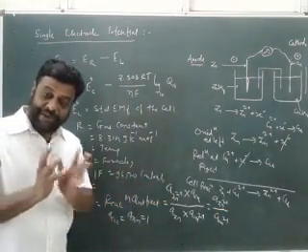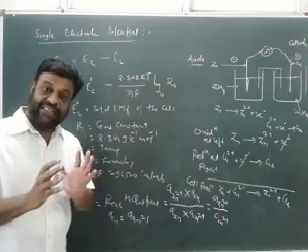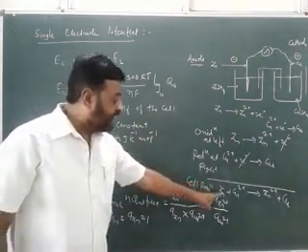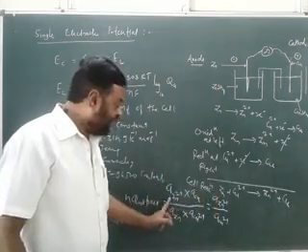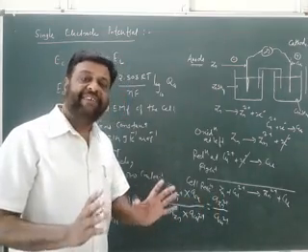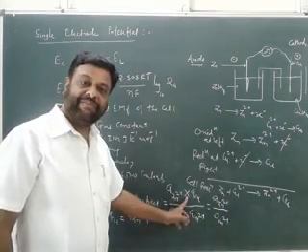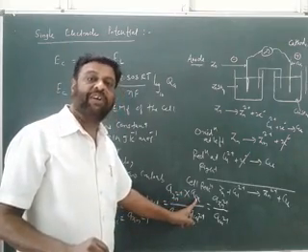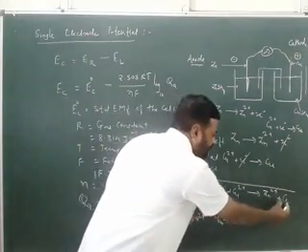How can we write the reaction quotient? The reaction quotient can be written according to the cell reaction. That is equal to the product of the activity of the products, Zn2+ and Cu.